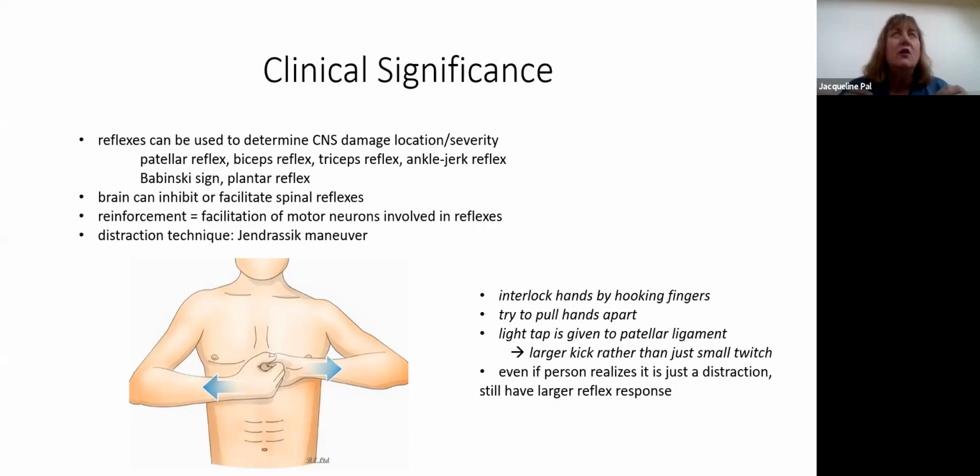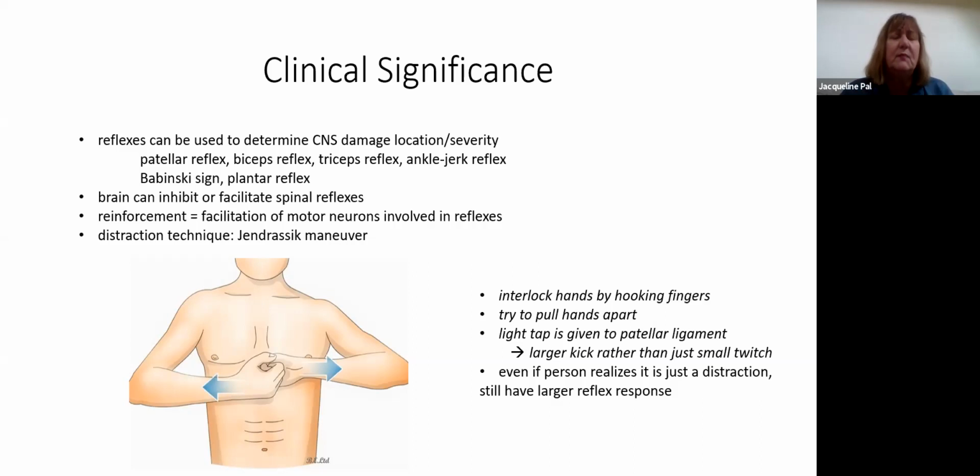So there are pictures of the other reflexes in your book, but I'm not going to talk about them in detail at all. So as we talked about before, the brain can inhibit or facilitate these spinal reflexes. And we can talk about something called reinforcement, where we can use more motor neurons in the reflex than what ordinarily would happen. And the easiest way to do this is through a technique of distraction known as the gymnastic maneuver, and you don't need to know that it's called the gymnastic maneuver.